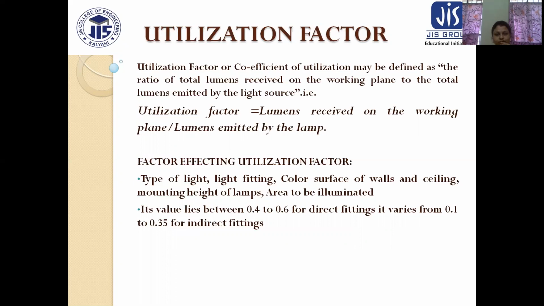Without artificial sources of light, we cannot complete our tasks, because we get sunlight only for a particular period of the day, right? So these artificial sources are useful for different types of lighting schemes and lighting designs.